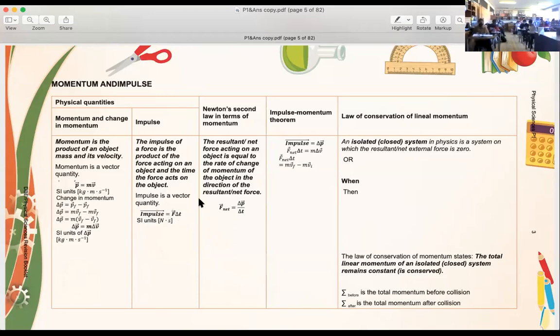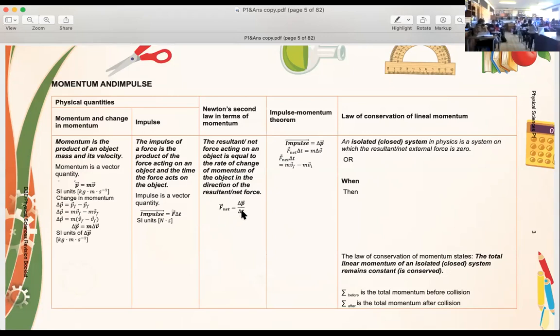Notice the vector little arrows they put in this booklet. Then if you scramble that formula, force is delta P upon delta T. So impulse is delta P, and so there's a variation of that formula.